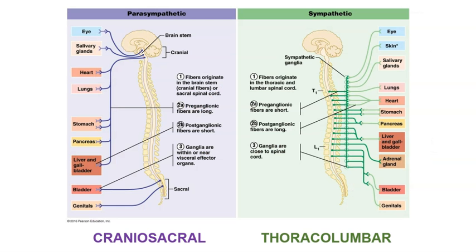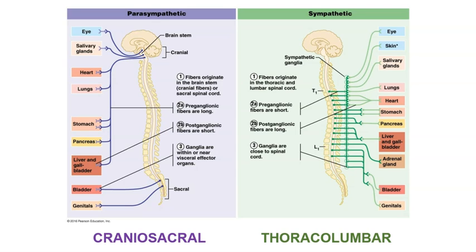Both the parasympathetic and the sympathetic divisions of the autonomic nervous system serve the same organs, but they generally produce the opposite effects at those organs. There are also some key anatomical differences between the two. First, the axons of the parasympathetic division, which is shown here on the left side of this diagram, emerge from the brainstem or the sacral region of the spinal nerves.